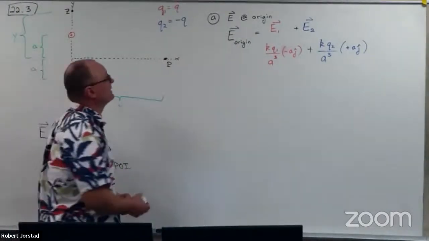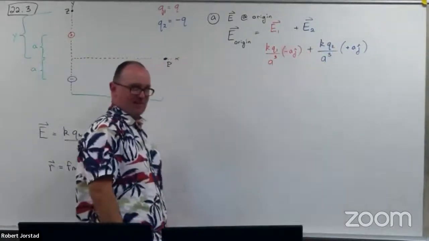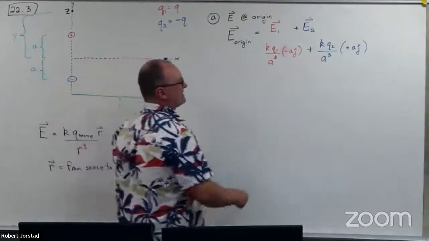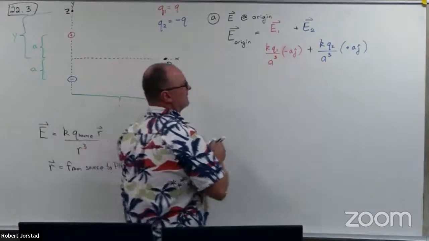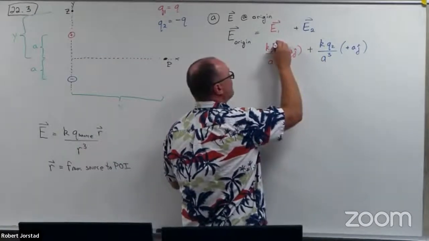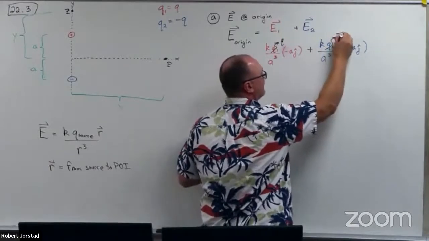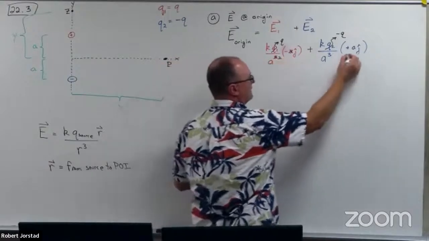No. Q2 has another negative sign. And we see this is why these are more annoying than gravitation. You've got to constantly be thinking about what is the minus sign associated with the charge itself. Cleaning this up a little bit, this is Q, this is a negative Q. One of the A's cancels in each term.